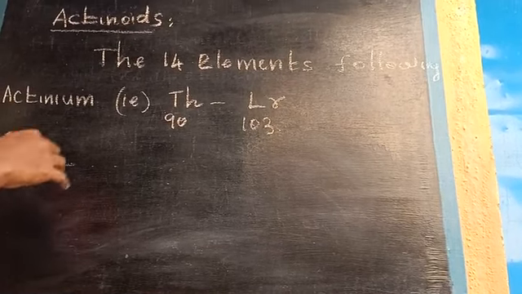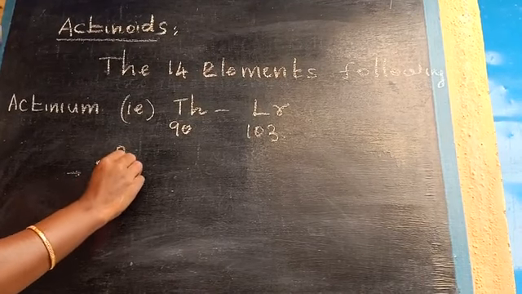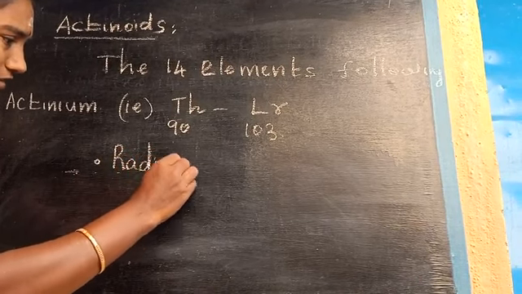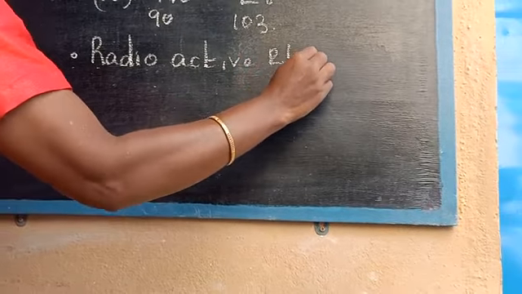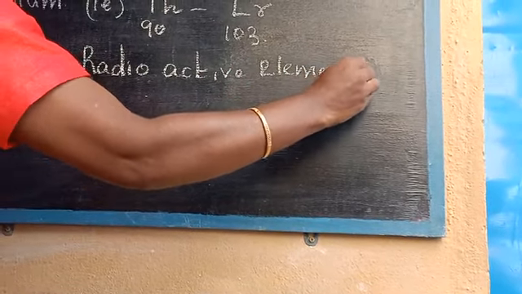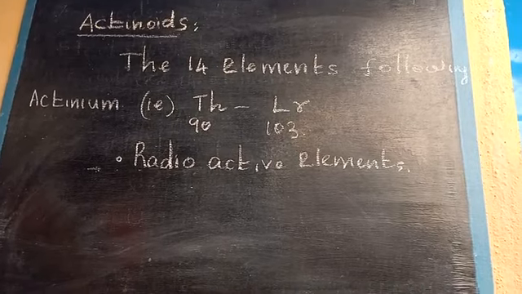Okay, so now these 14 elements are radioactive elements. Normally the S block has metals. The P block has metals and non-metals. The D block has metals.